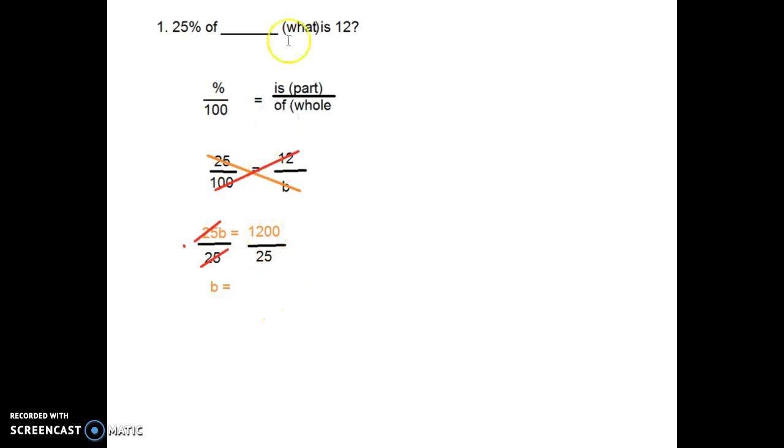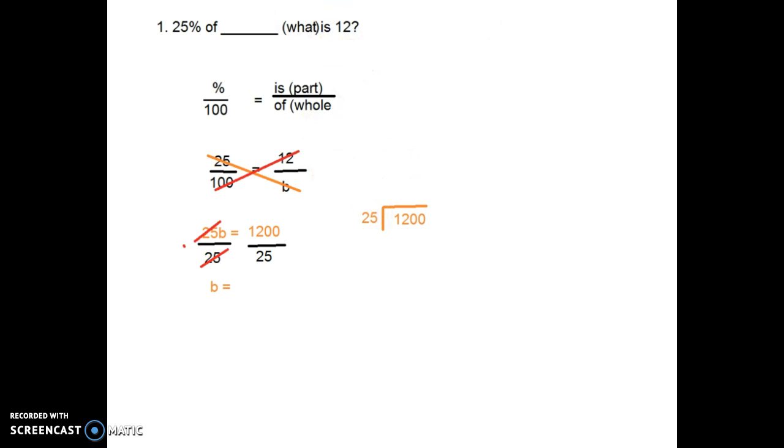But now I have to figure out what 1200 divided by 25 is. So I'm going to go in and out, because that's what a fraction is all about. Oops, there you go. And now think, how many times can 25 go into 120?